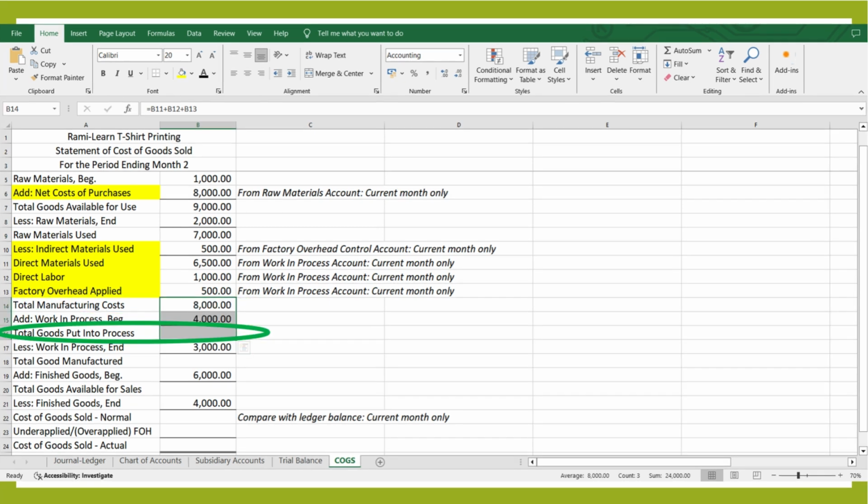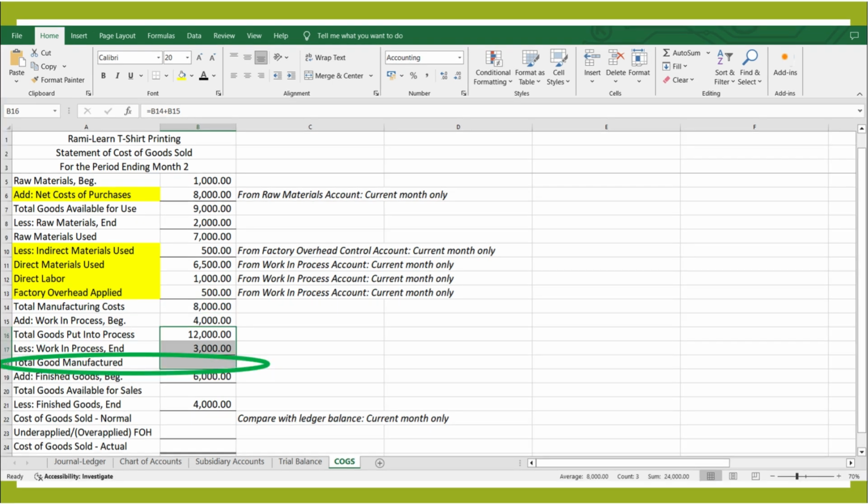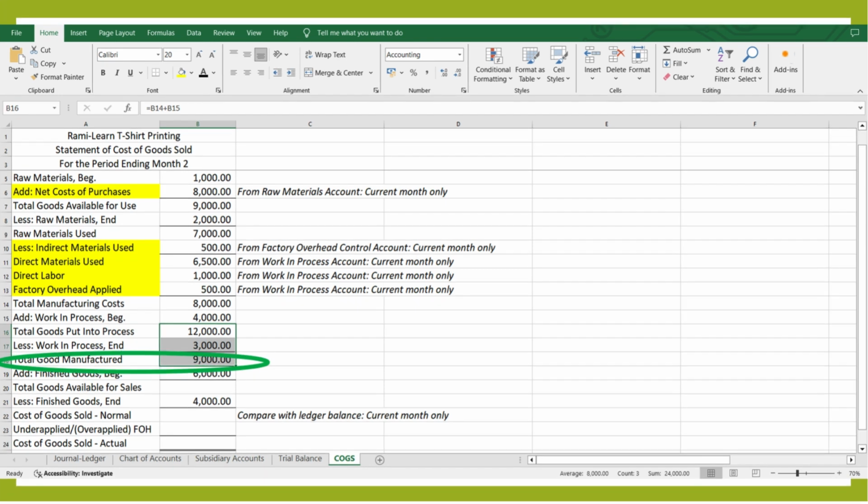Total manufacturing costs plus work in process beginning equals total goods put into process. That is 8,000 pesos plus 4,000 pesos equals 12,000 pesos. Total goods put into process minus work in process ending equals total goods manufactured.